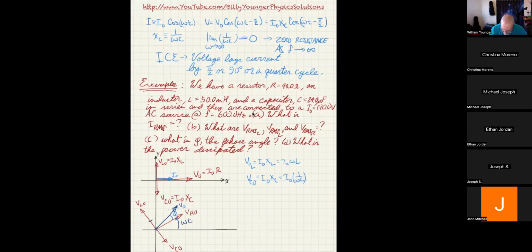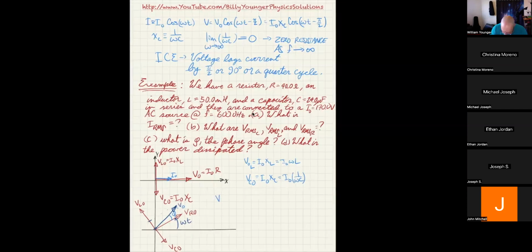Okay, so what we're going to say is V0 is really going to be I times Z, and Z is a whole special thing now. This is called the impedance, and it also has units of ohms, but it's the net effect of all these things.